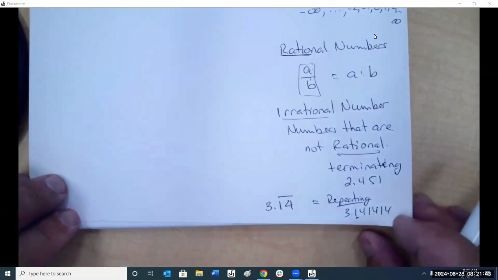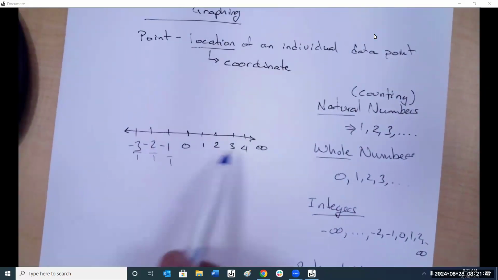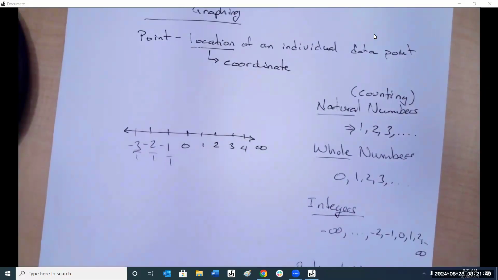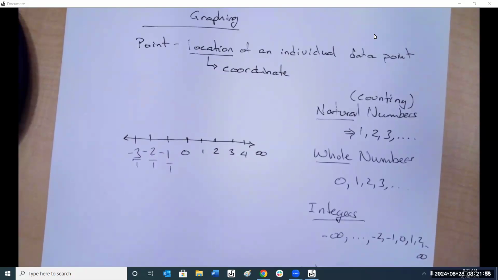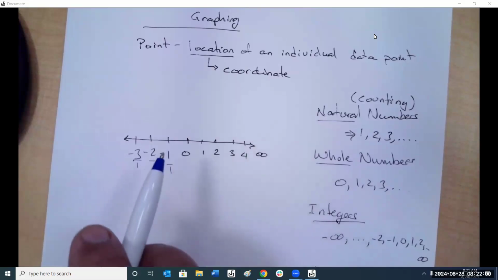So those are the numbers. We all started this in elementary school, learning it in pre-K and kindergarten and first grade. But then somebody realized, if you think about it, how did humans travel at the beginning?